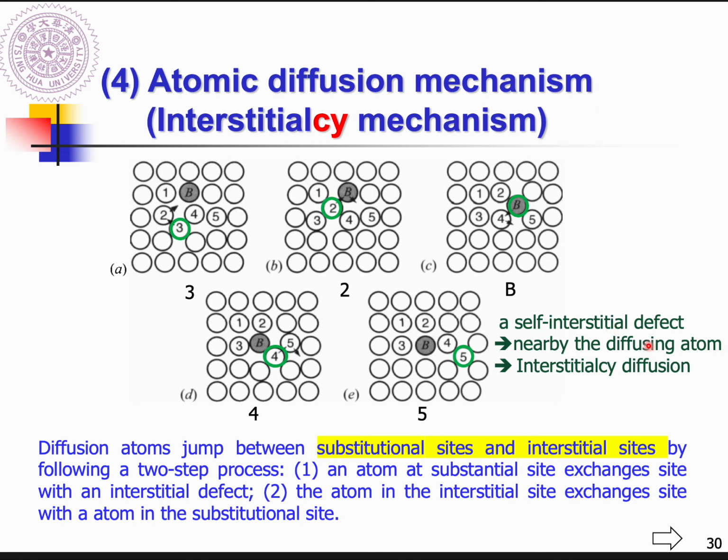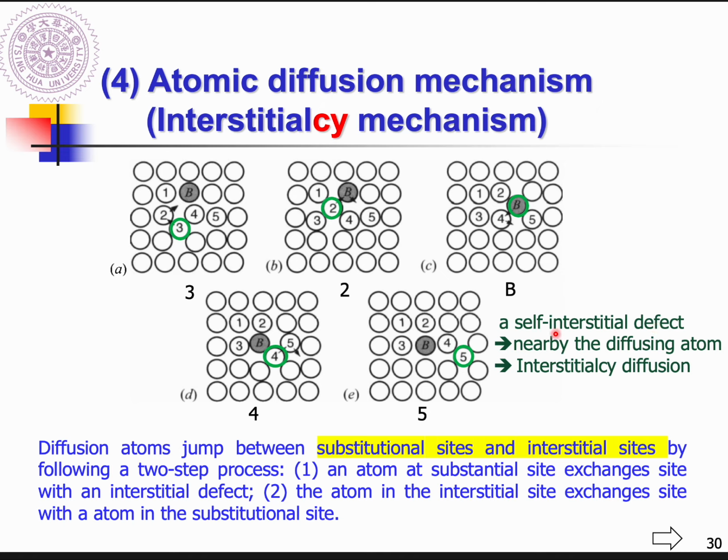So the concept is similar, right? Okay, so now you have the concept of what the interstitial C mechanism is. And you also know that the self-interstitial defect plays an important role, or is the driving force, that makes this diffusion happen.